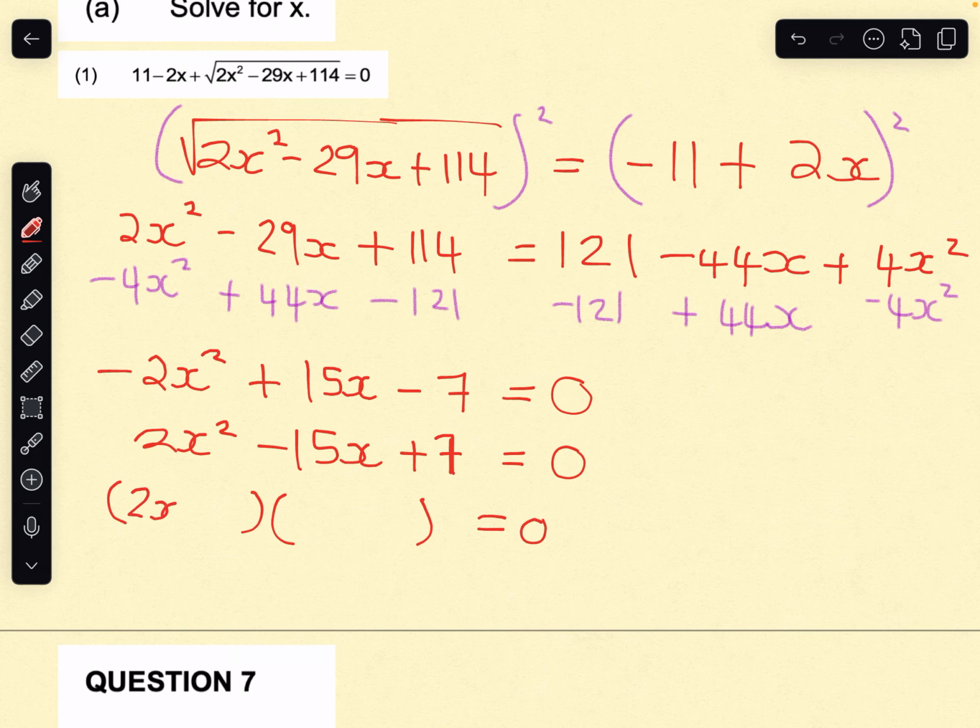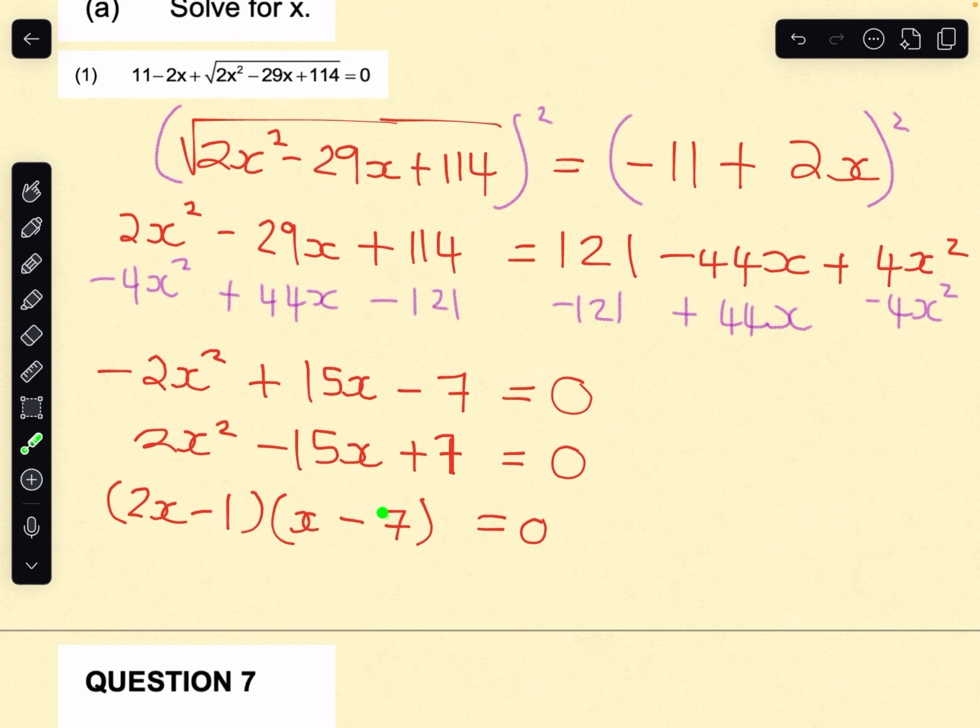So this would have to be 2x and x, and then I want the 14 and the 1, so this would be minus 14 and minus 1. So this would give me my minus 14 term, and this would give me my minus 1 term. So that would be minus 7 and minus 1.